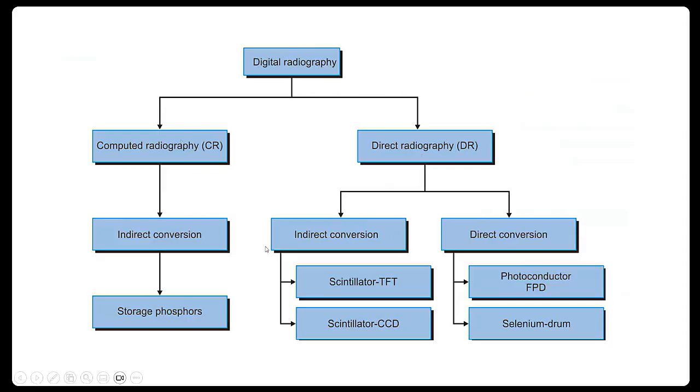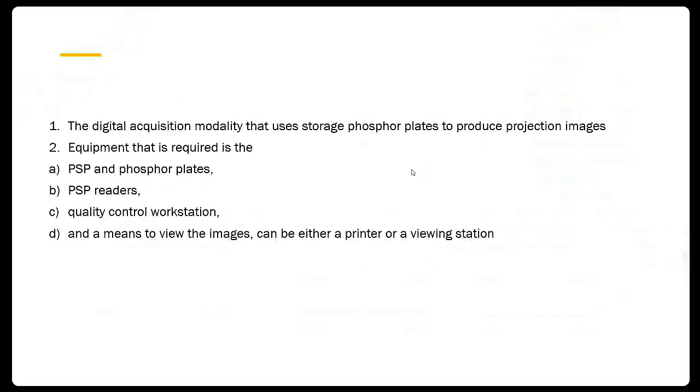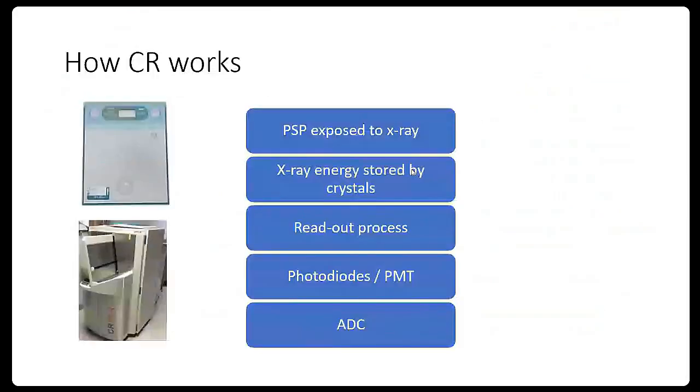Now let's look into each of these components separately. Firstly, we'll discuss computed radiography. As I said, computed radiography, that is CR systems, use a storage phosphor image plate.